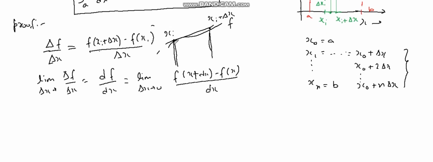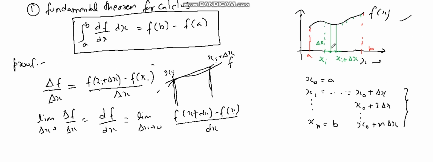Anyway, if these two lines come very close to each other, there is no need to add this index i over here, because x will become a continuous variable instead of these small chunk-like variables.